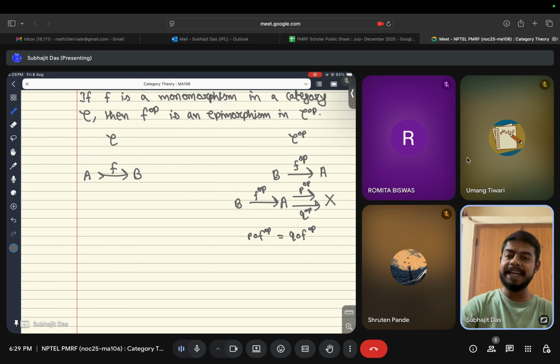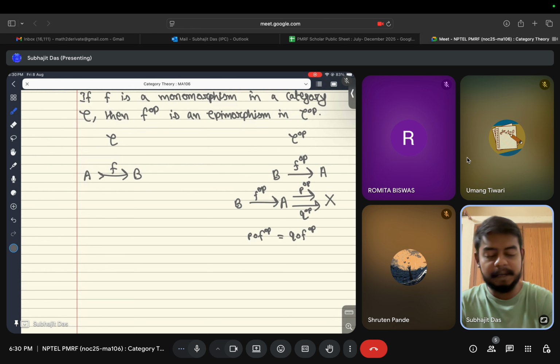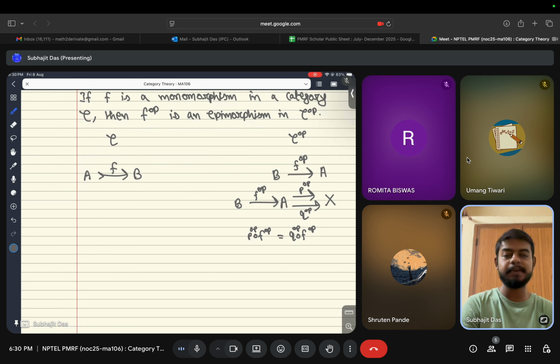So we'll write arrows of C by usual letters, and arrows of C op by the same letters with a superscript op. That's all. So what you need to show is that if P op composed with F op is equal to Q op composed with F op, then P must be equal to Q. That is what you need to show.